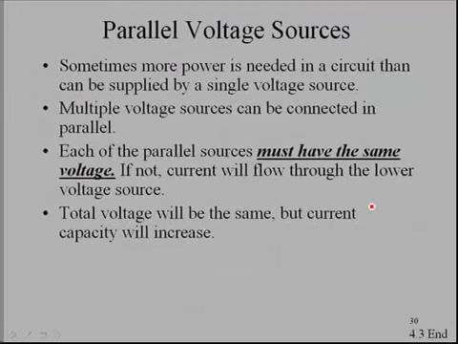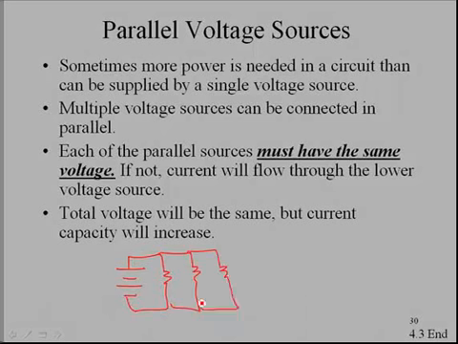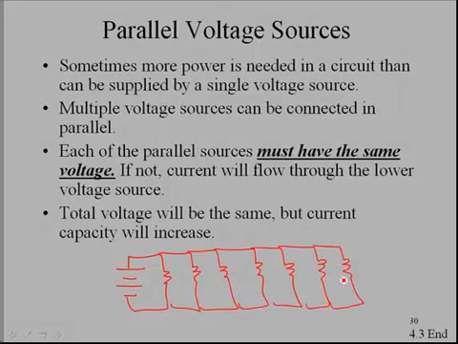Now, parallel voltage sources. Sometimes more power is needed in a circuit than can be supplied by a single voltage source. So what we're looking at here is, let's pretend we have a voltage source and some parallel components connected to it, and let's say that we've got a bunch of them. What we're going to find is that the current draw across all these components is going to be quite significant, and this power supply on its own may have difficulty providing that much current.